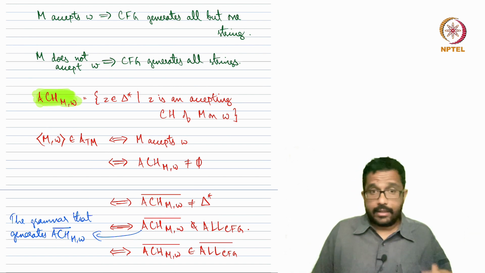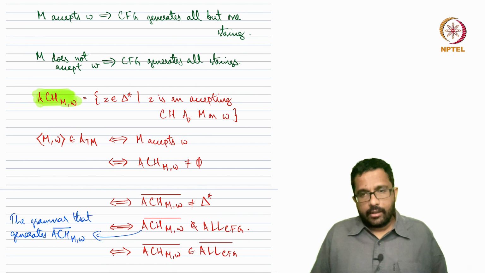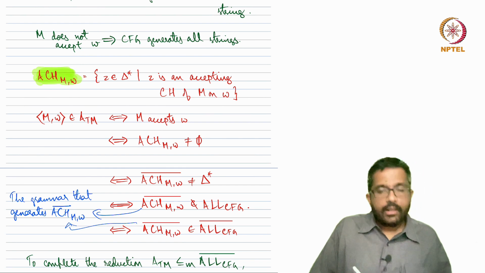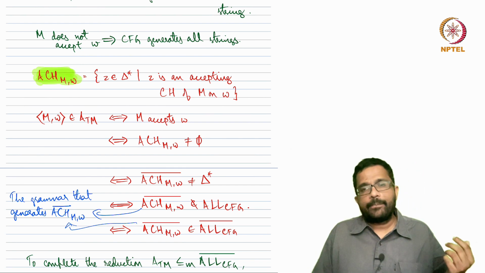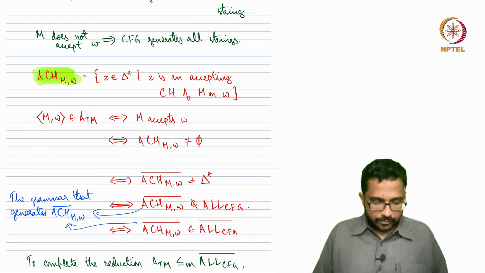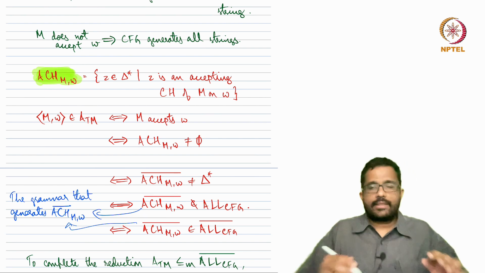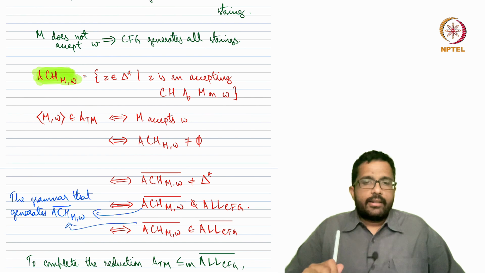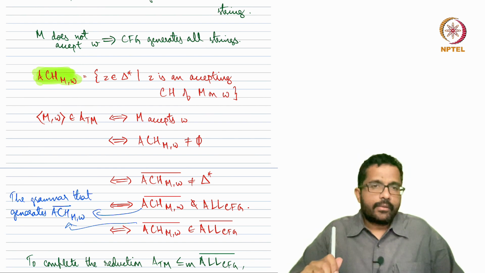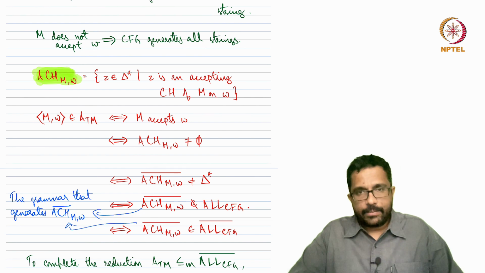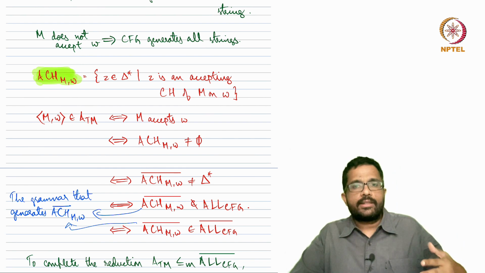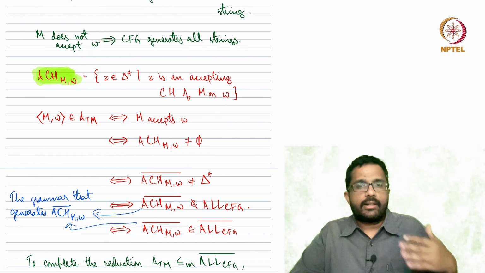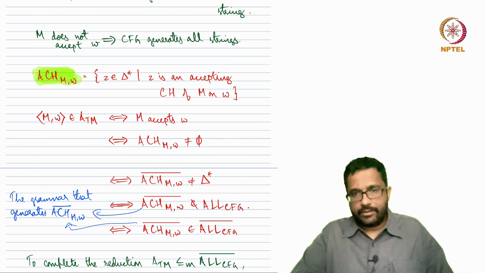Again, the grammar that generates this should not be in all CFG, which means it should be in the complement of all CFG. So that is the reduction. If <M,W> is in ATM, M accepts W, which means there is an accepting computation history, which means the complement of ACH_{M,W} does not contain everything, and hence it is not part of all CFG.